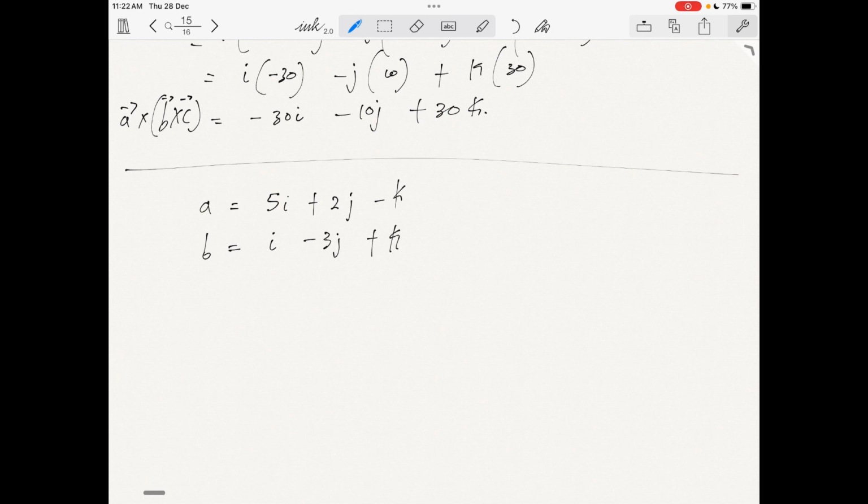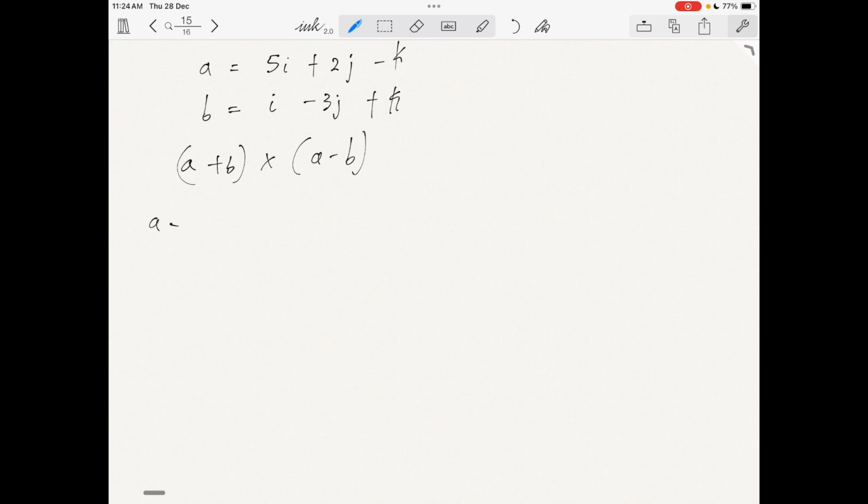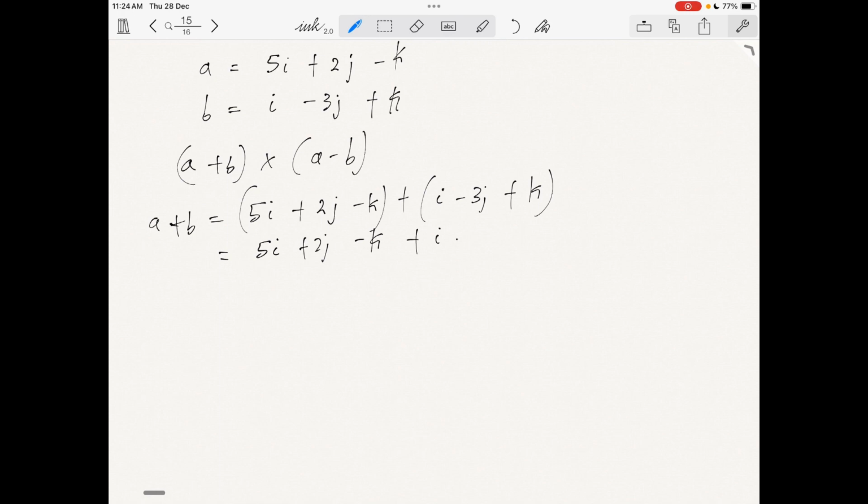And we are asked to evaluate A plus B cross product with A minus B. Now when we have A plus B, we are going to sum the individual components, that is 5i plus 2j minus k plus i minus 3j plus k.